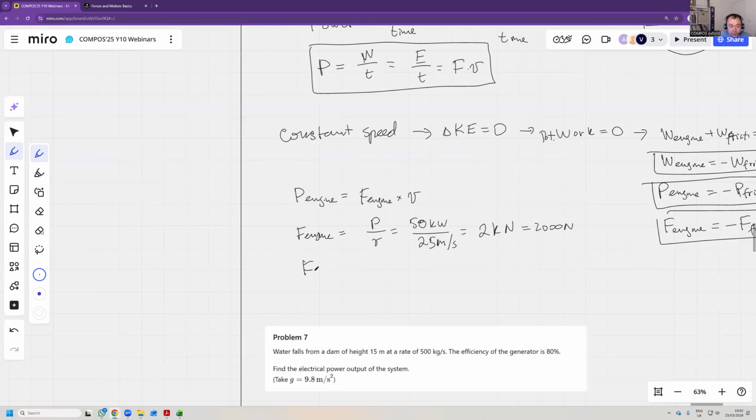And the frictional force, or the resistive force, is minus that, minus 2000 newtons. Yes, it's backwards.